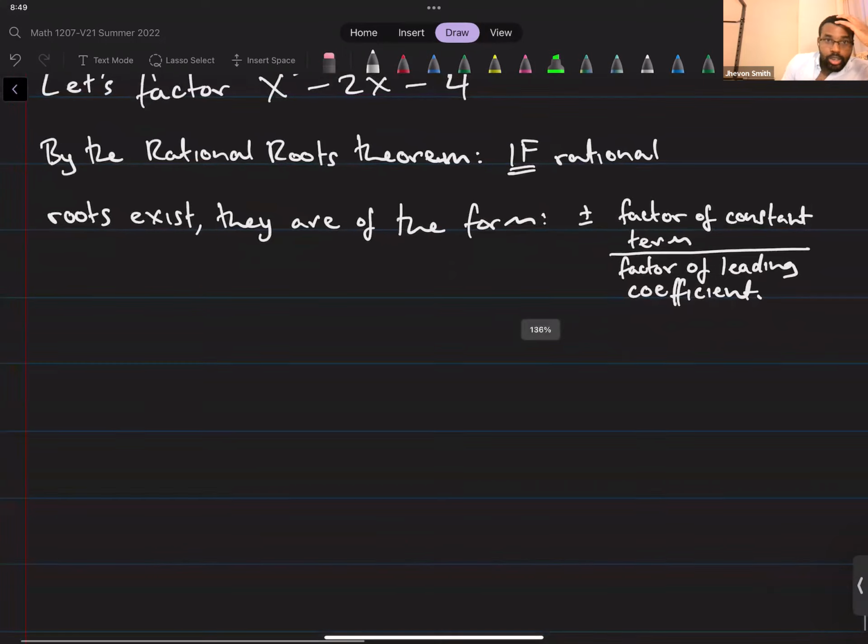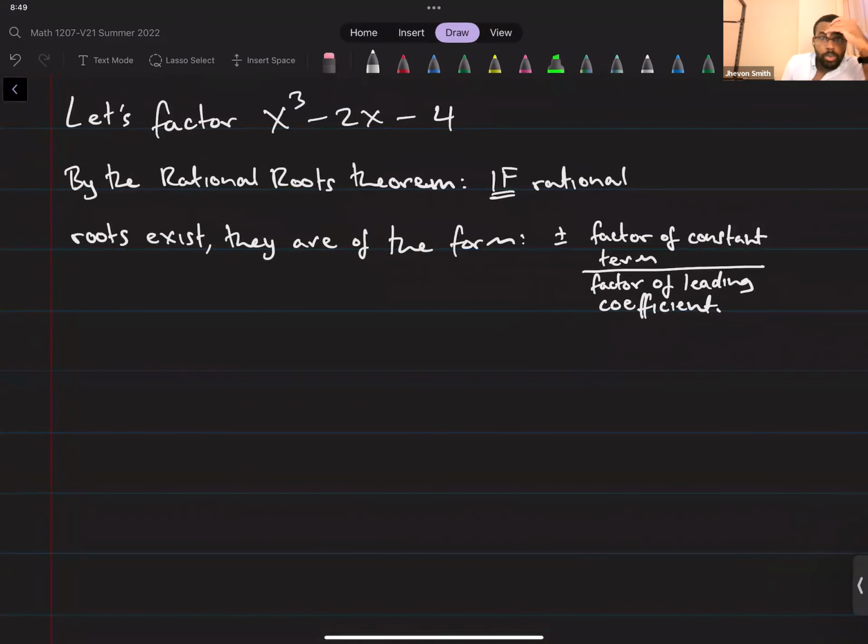So by applying that, the possible candidates are x equals plus or minus 1, plus or minus 2, or plus or minus 4, right? It's a factor of 4 divided by a factor of 1. So it's either going to be 1, 2, or 4 on the numerator, and it can only be 1 on the denominator.